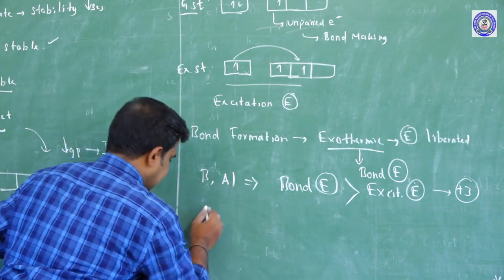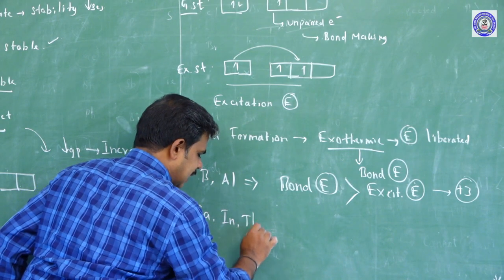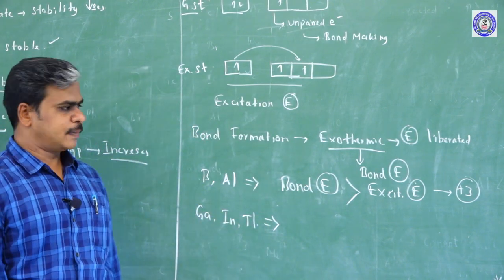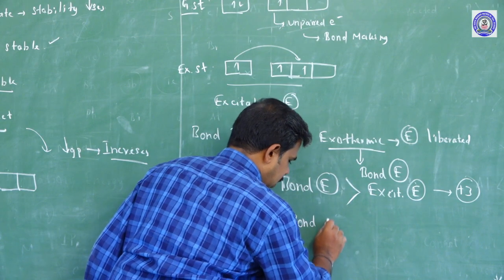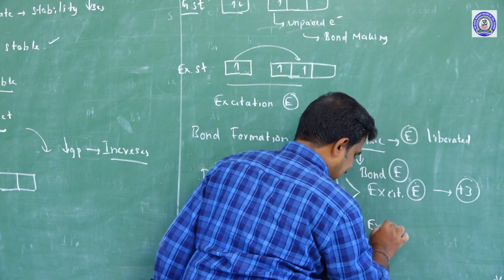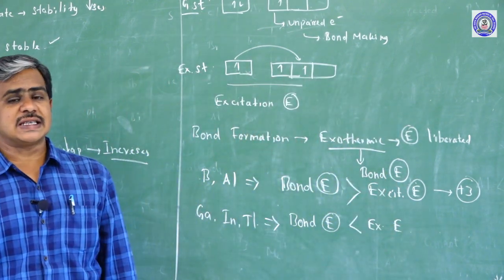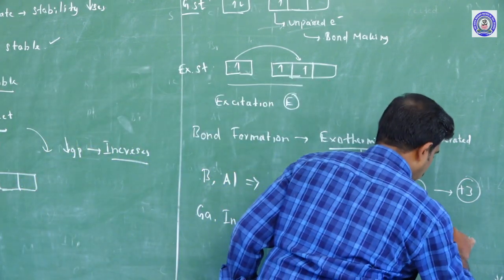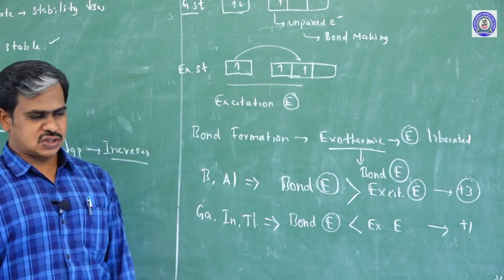Okay. Now, in the case of gallium, indium and thallium, here the bond energy is less than the excitation energy, so that it shows +1 as the most stable oxidation state.